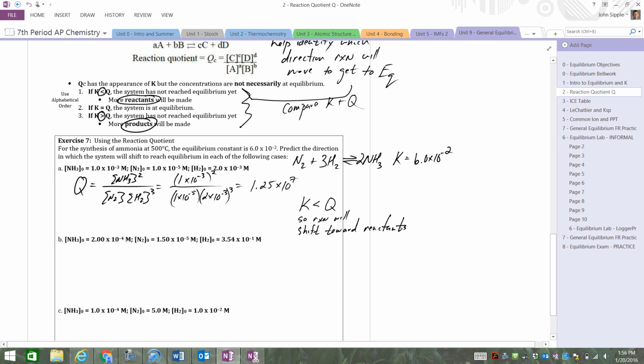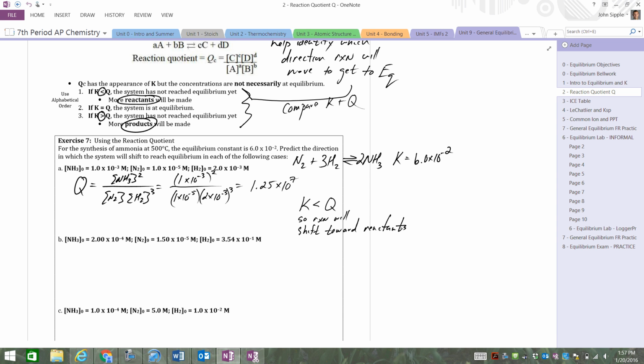Left is reactants, right is products. So the arrow points which way it's going to go. It's going to move back towards the reactants. Good. So all you have to do is calculate Q, compare it to K, and see where we're at.